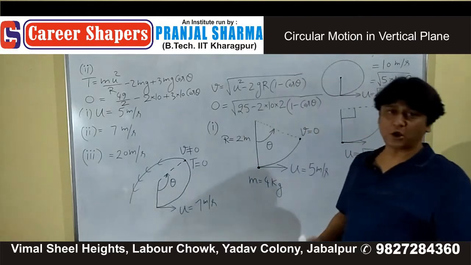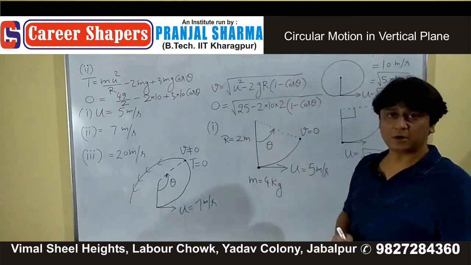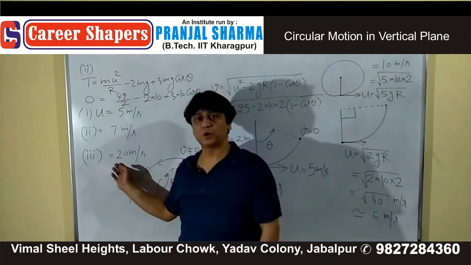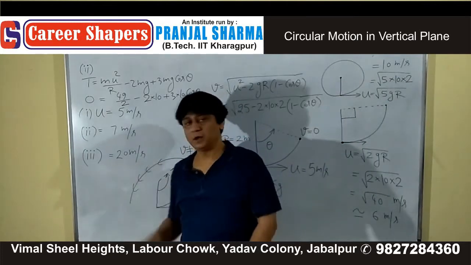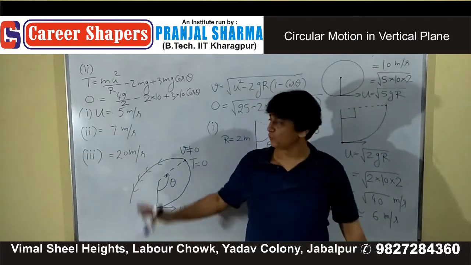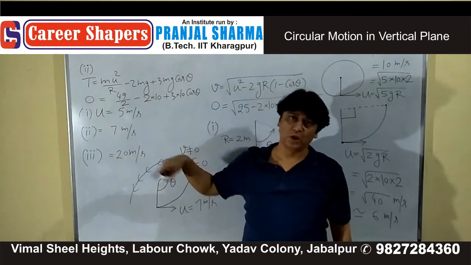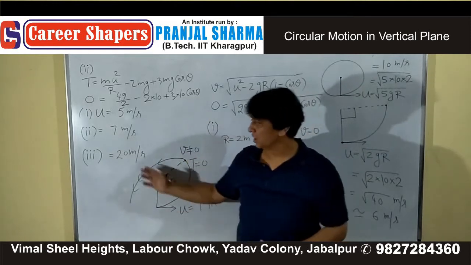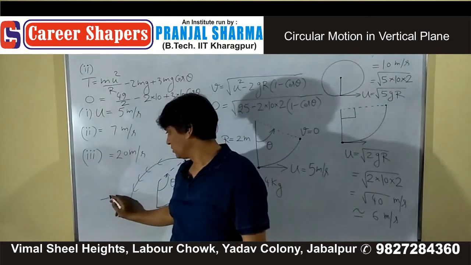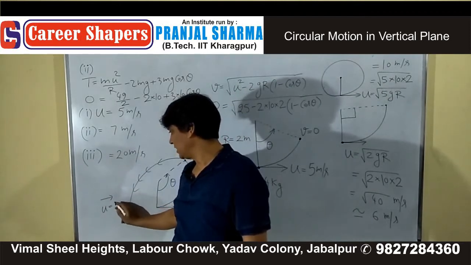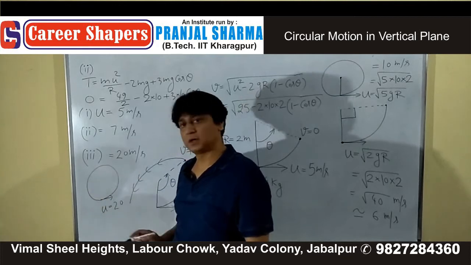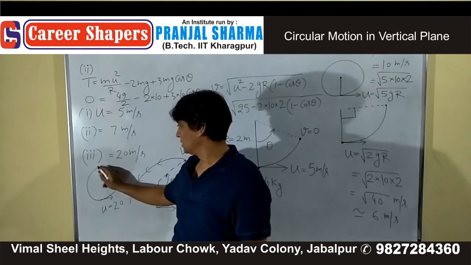And I hope you can all see the third part is very easy. In the third part, the velocity at the lowest point is 20. To complete half or full, we need 10. And therefore, in this case, it will complete the full circle. When you give it u as 20, it completes the full circle like this.